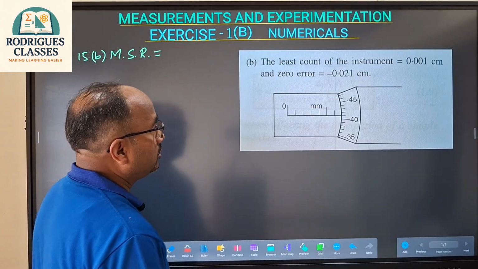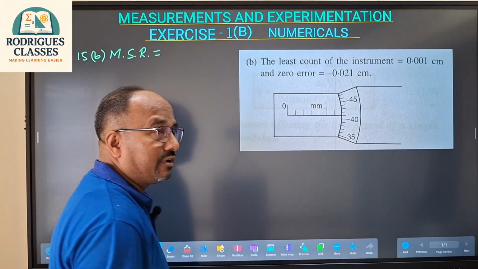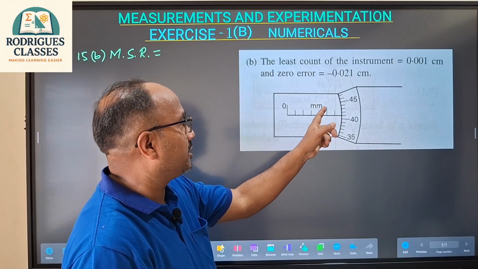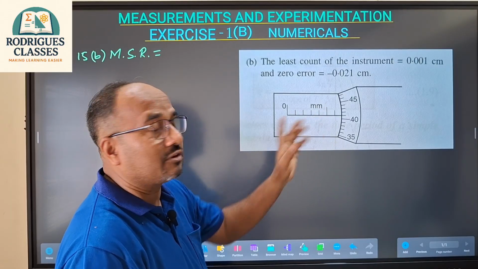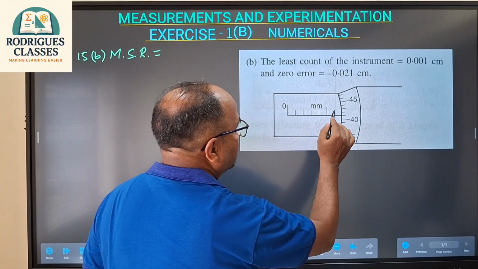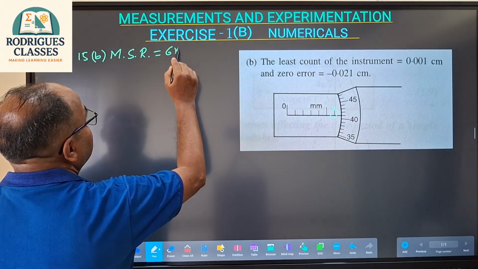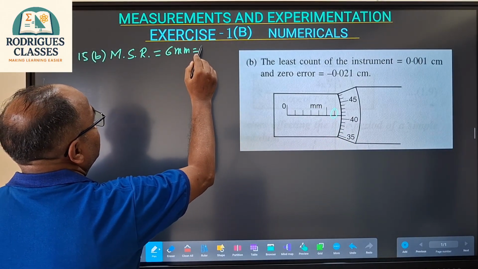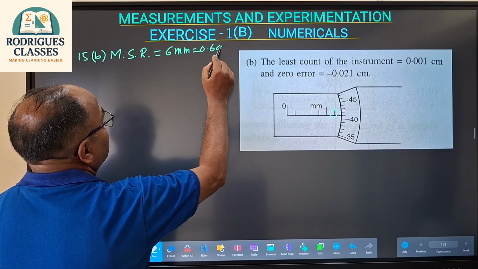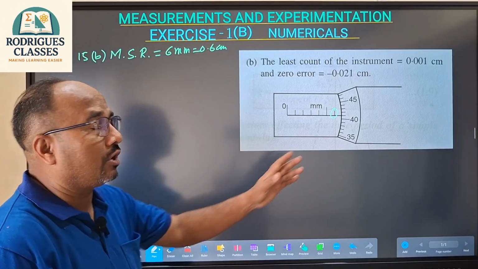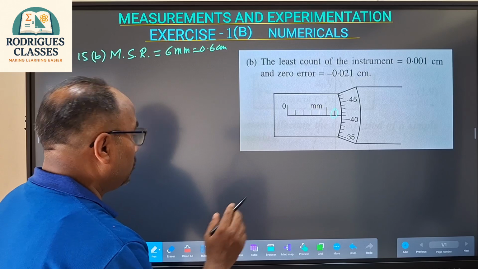Let us take a look. This is in millimeter given. So if you take a look, this is a little bit longer line than this. So this is the fifth one and this is your sixth one. So this becomes 6 millimeter, which is 0.6 centimeter. So I know now the main scale reading is known to us.